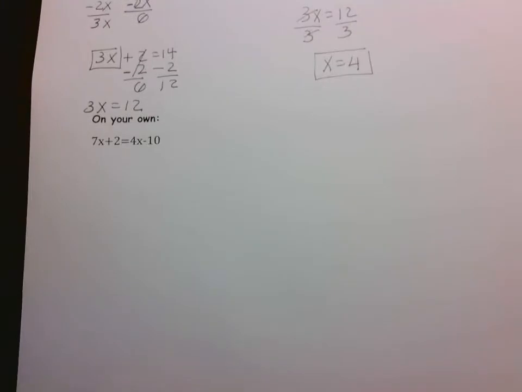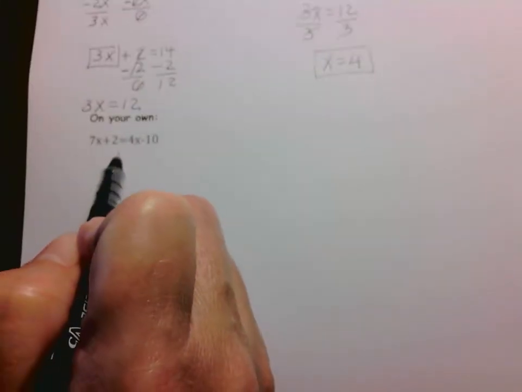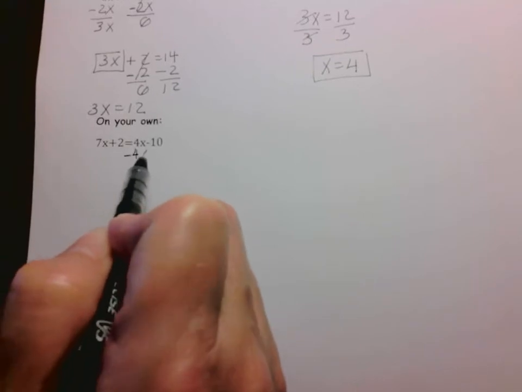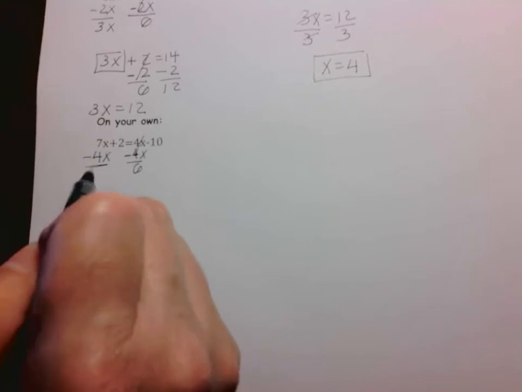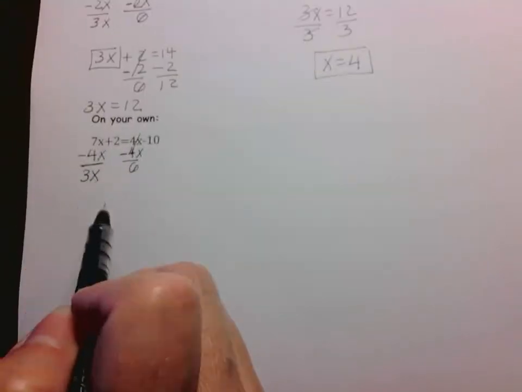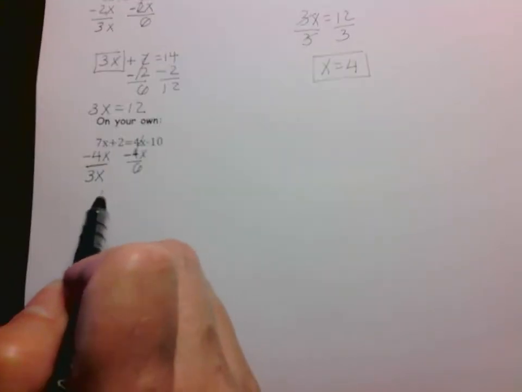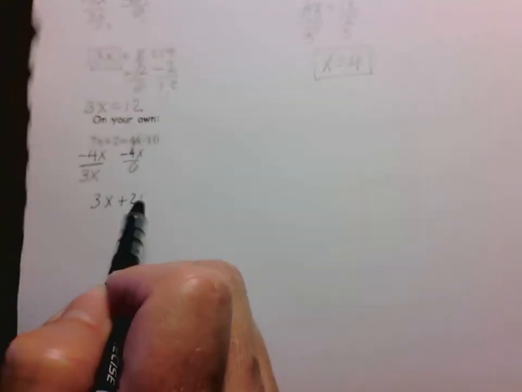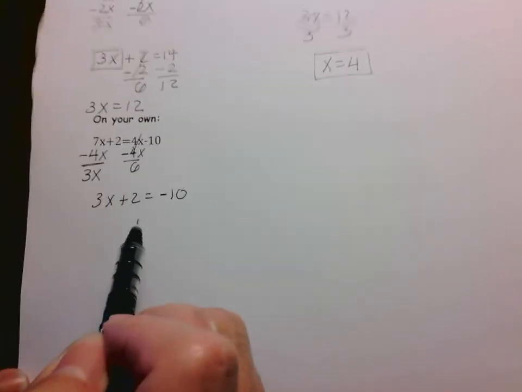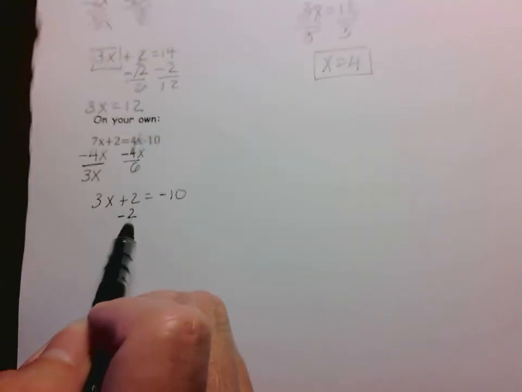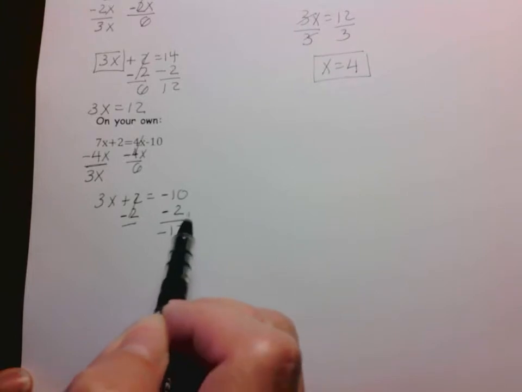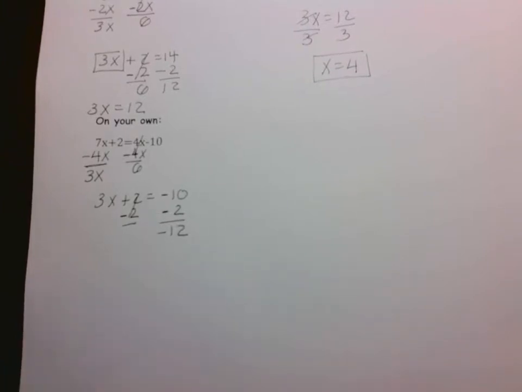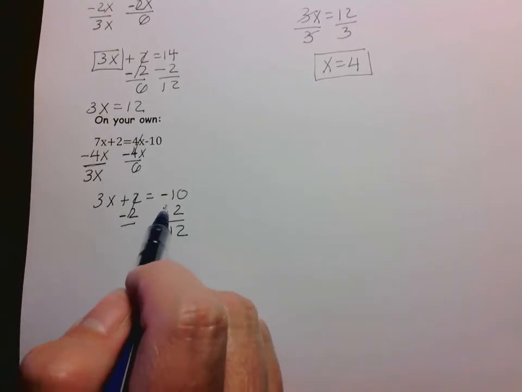Okay, so let me work it out for you. I want to go ahead and start by subtracting 4x from both sides, because from looking at it, I would know that would give me a positive 3x, and I just think that's a lot easier to work with. And now what am I going to do? I'm going to subtract 2 from both sides. And look at this, I have negative 10 minus 2. Keep, change, change.